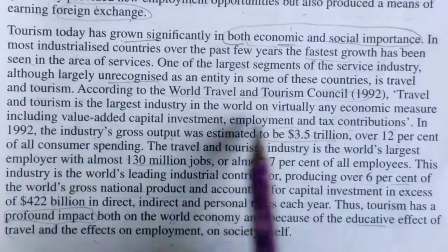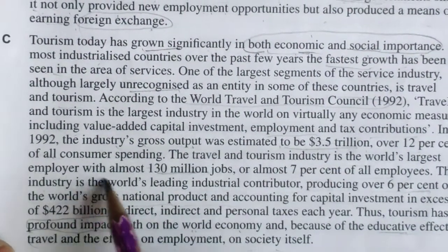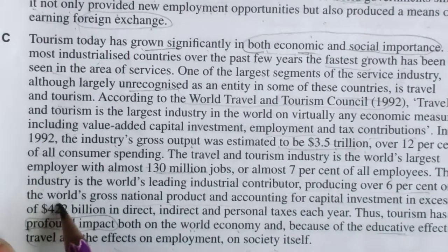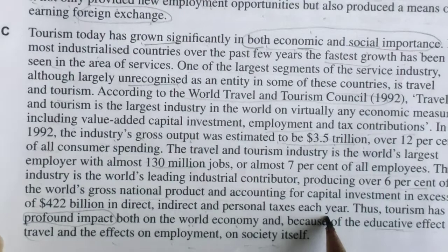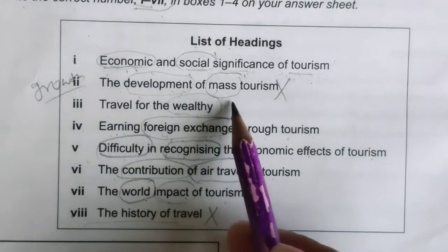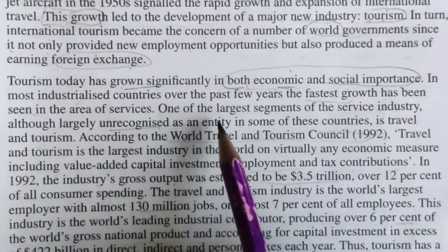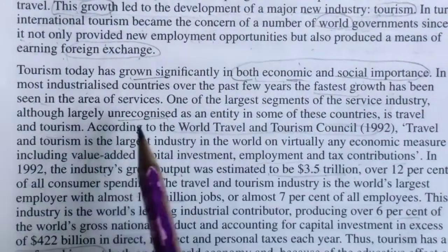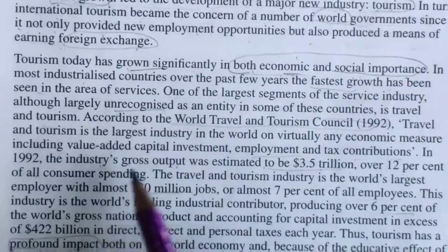Travel is the largest tourism, world's largest employer. Okay, million indirect or personal taxes. Yes, but of course the whole paragraph is talking about this significance. See, indirectly they are using these two words, they are explaining it. So how these sectors are just this thing.